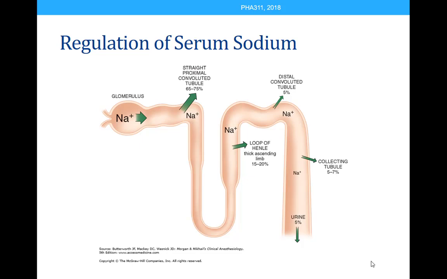If you don't have aldosterone, you will have more sodium leaving the body in urine. Same for ADH. If ADH is there, it will bring back water and some sodium. Okay? But remember, ADH mainly reabsorbs water. Aldosterone reabsorbs sodium. Water follows it passively. Okay? Important point to remember.